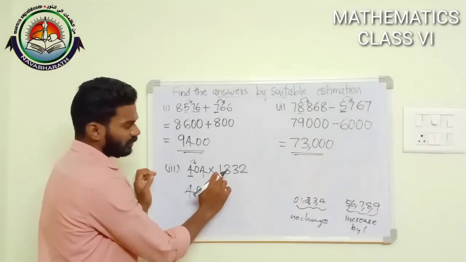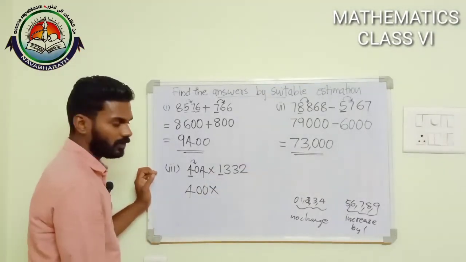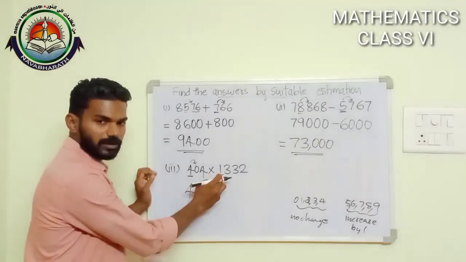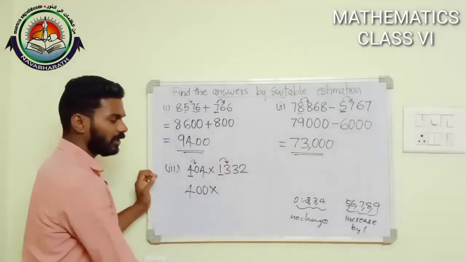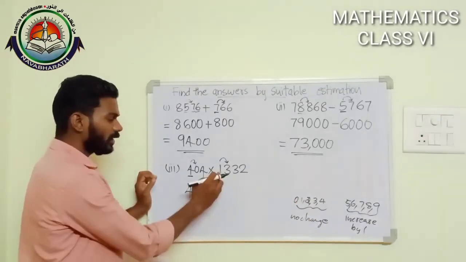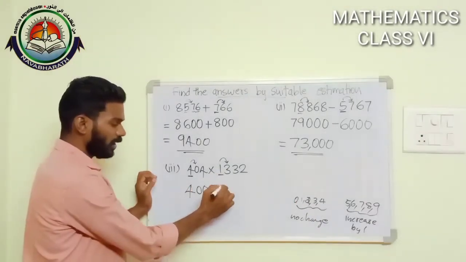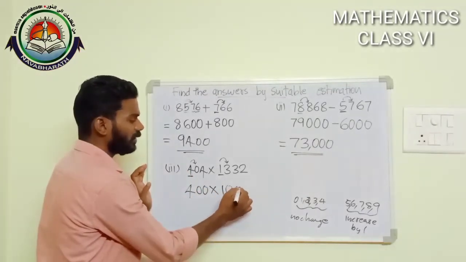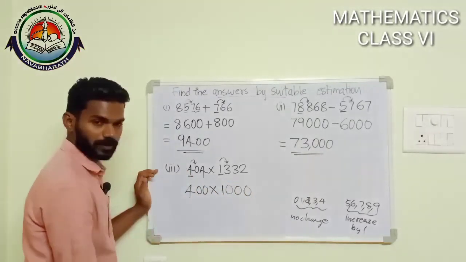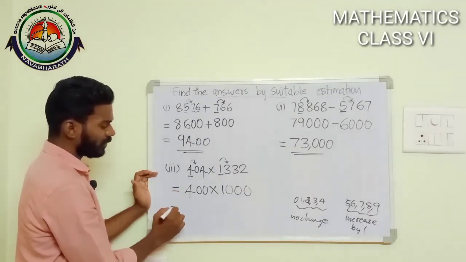Thereafter, this also has to be rounded off to the nearest 1000. Thousands place is marked. The next digit is 3. 3 belongs to this group. So there is no change for this 1. 1 is written as 1 itself. Then all the remaining digits 0. 3 digits. Clear?